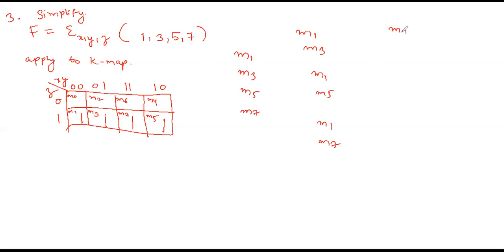Next with M3: M3, M1 already covered; M3, M5; M3, M7. Next with M5: M5, M7. Now check the adjacency, Amma. Due to the time limitation, I am writing directly. You check it later. M1, M3 are adjacent.